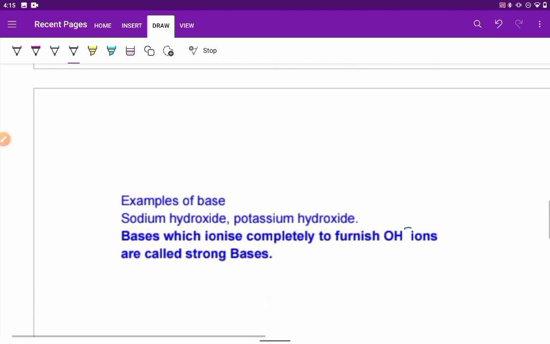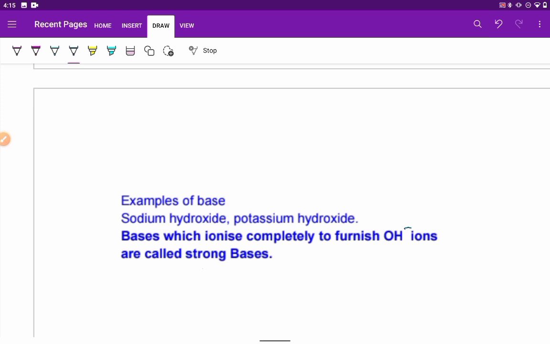Now see, in case of a base, we get some examples. Sodium hydroxide, potassium hydroxide, these are bases. And the bases which ionize completely to furnish OH minus ions are called strong bases. There will be some bases in which the amount of OH minus ions produced is more.